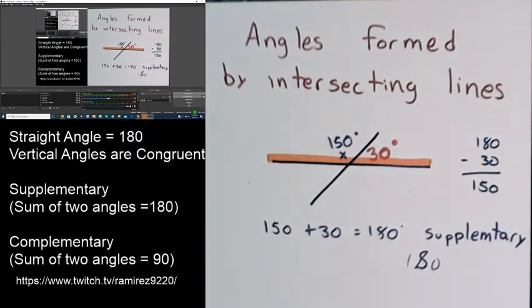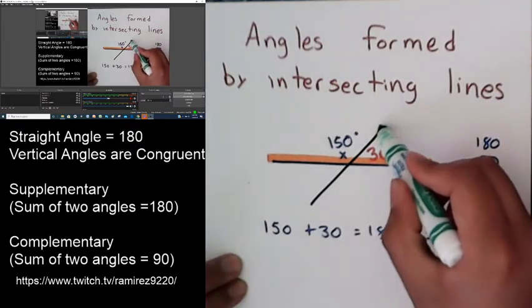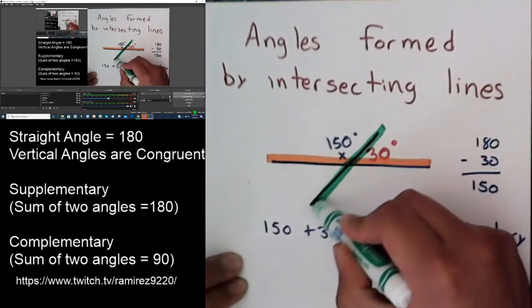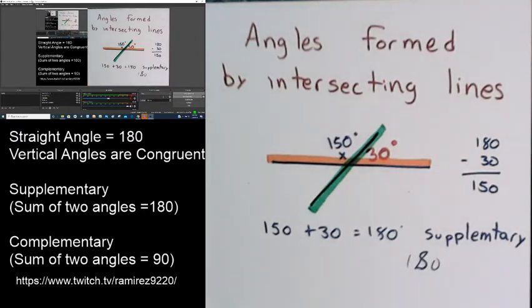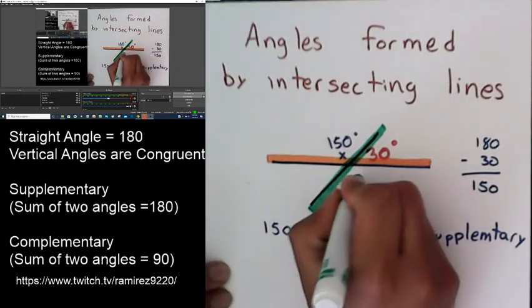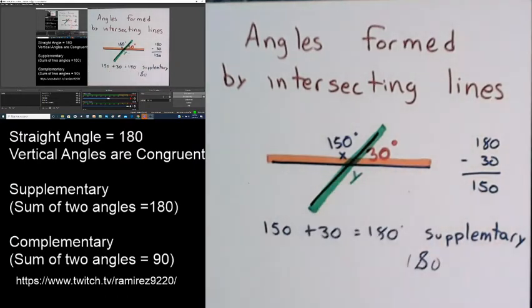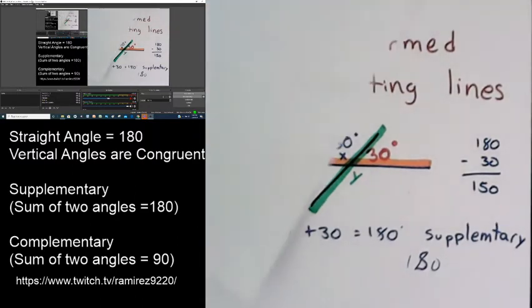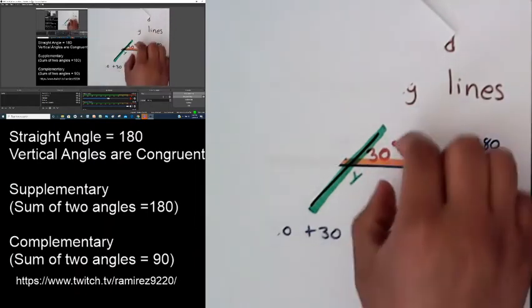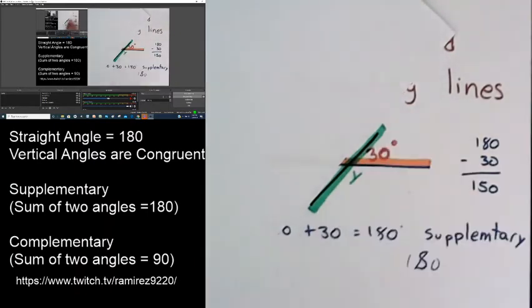There's one more thing I would like to talk about here. Remember how every single straight line is a 180? Let's not forget about this line right here. This is also a nice straight line. Let's call this part Y. If I ignore this other part, in this nice straight line, it got cut into two pieces, Y and 30.